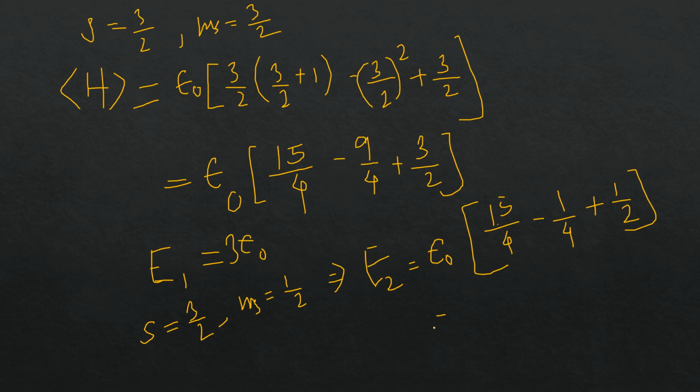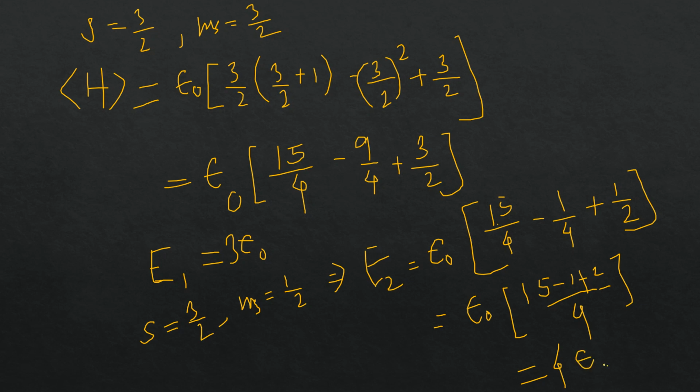So this whole thing becomes 15 minus 1 plus 2 by 4, that is 16 by 4. 16 by 4 is of how much? Of 4. So E2 is 4 epsilon naught.